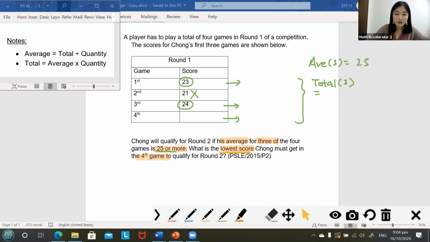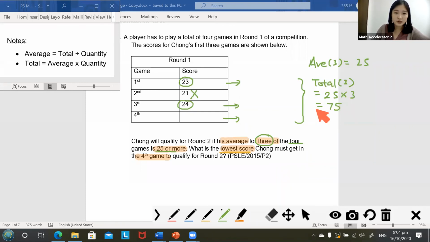So to find total, remember average times quantity. So in this case, it's the number of games. You have 3. Take note, it's the average for 3 of the 4 games. So you times 3, not 4. You just need 3 of it.